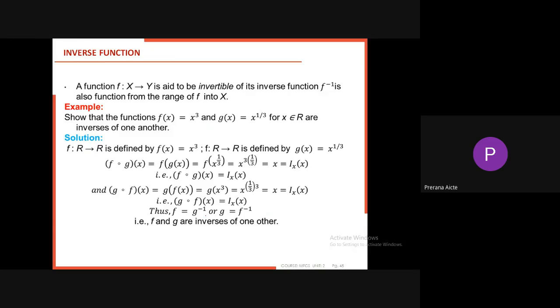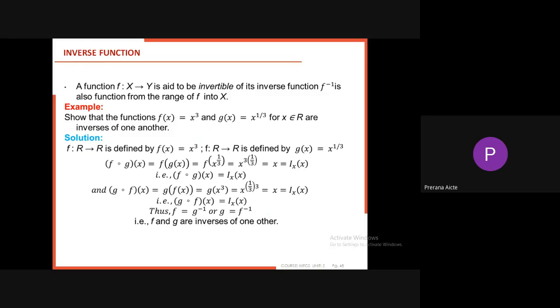And this is another important type of function, the inverse function. Any function mapping from x to y is said to be invertible when f inverse is a function from the range of f into x. That means if it is possible to map from y to x again, then we can say that the function is invertible.